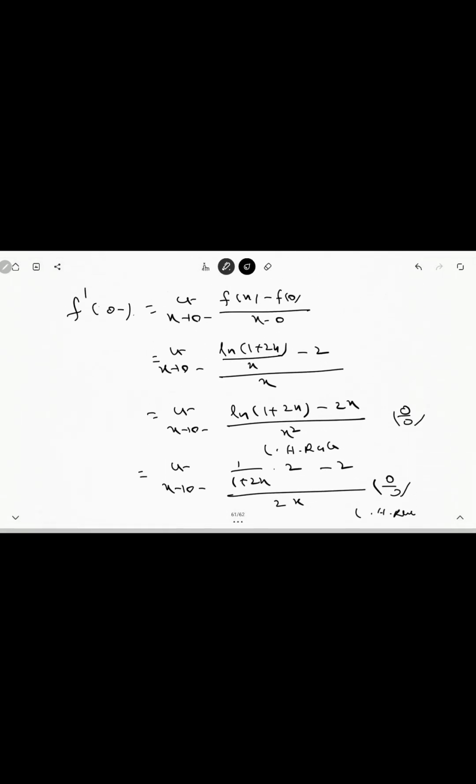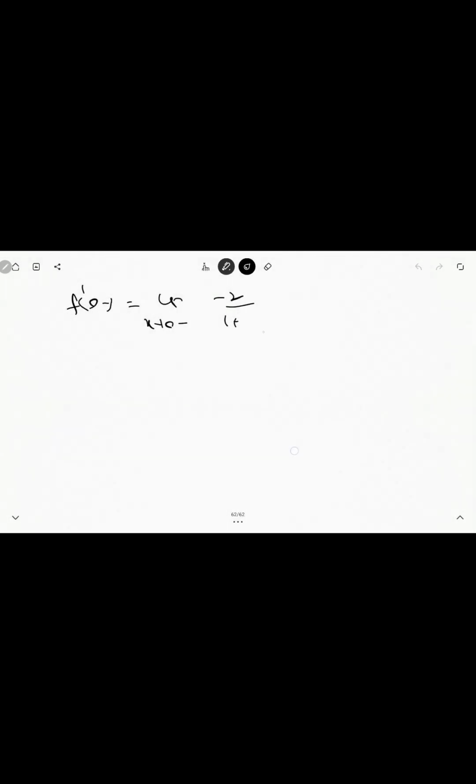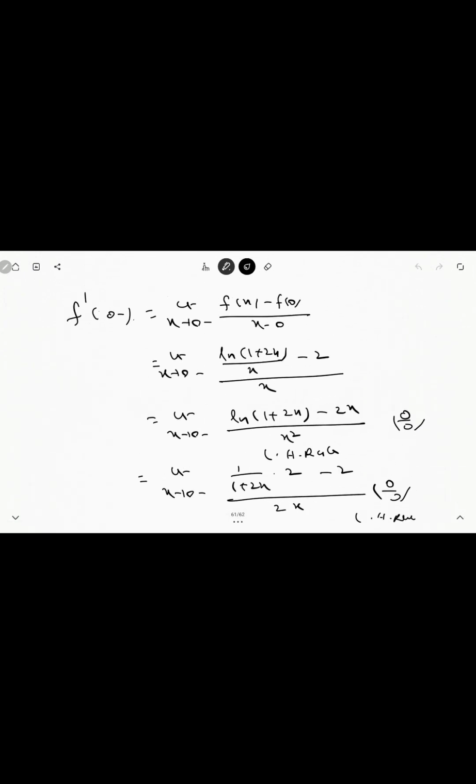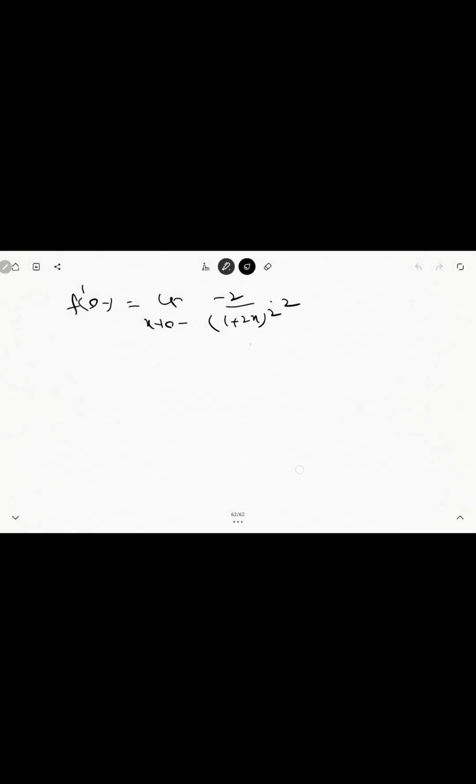So f dash 0 minus, right? F dash 0 minus is, it is 1 by x form, minus 1 by x square. Limit x tends to 0 minus, 1 by, tell me derivative of 1 by x, minus 1 by x square into 2. Again derivative of 2x is 2.